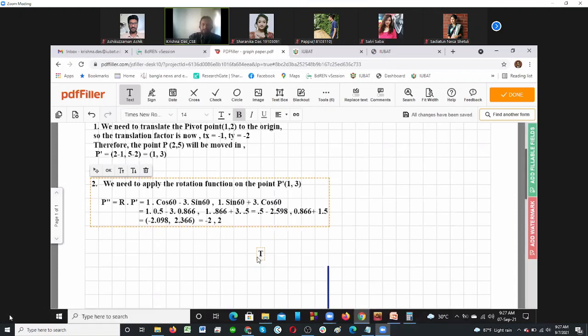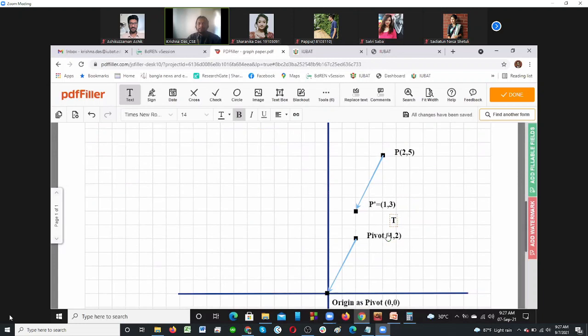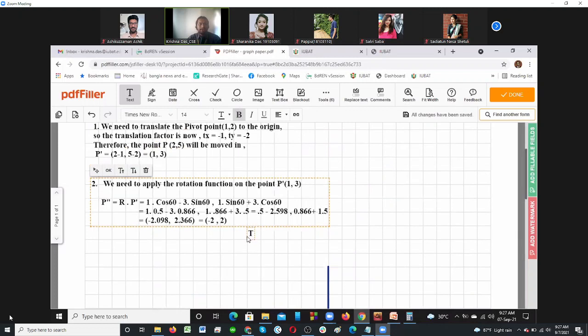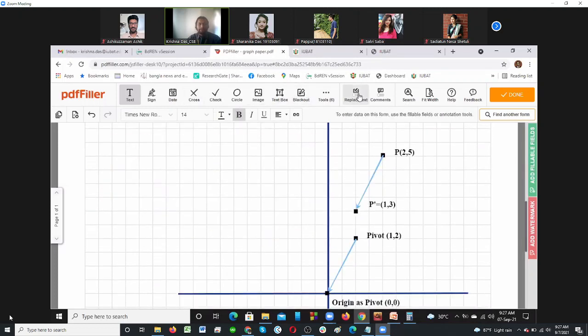Now we get our object after doing the rotation of 60 degrees about the origin, and we get minus 2 and plus 2. So let us plot that point.